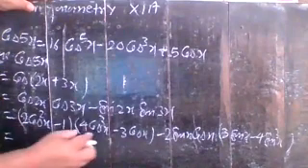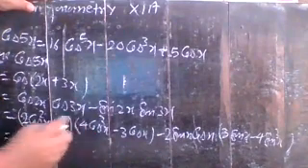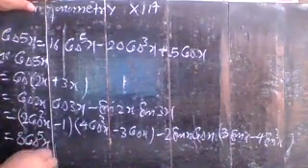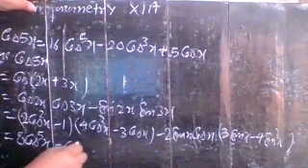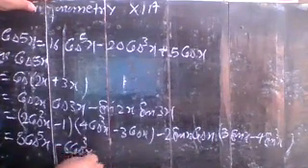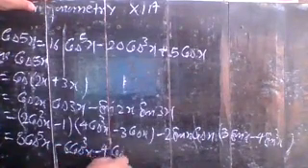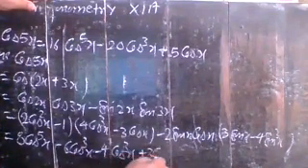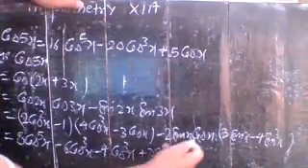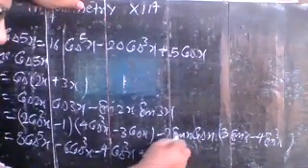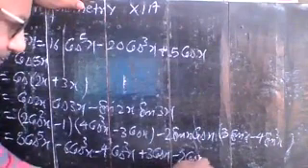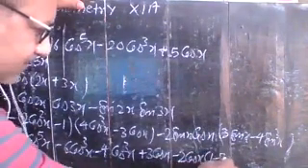Okay, so if you multiply here, you have 8 cos to the power 5x, and here you have minus 6 cos cube x minus 4 cos cube x, and here you have plus 3 cos x. And if you take sine common, here it becomes sine square x, so you write 2 cos x into (1 minus sine square x).